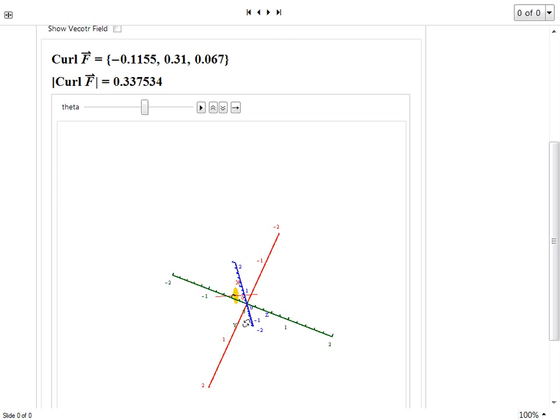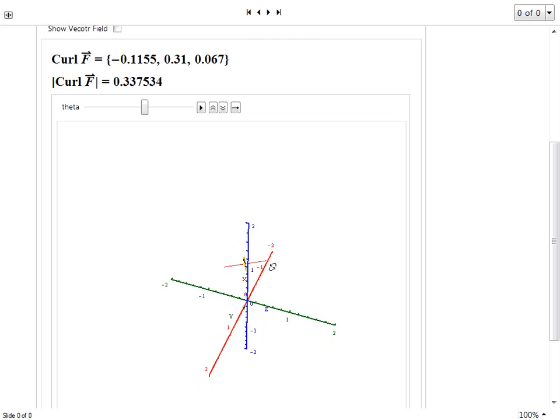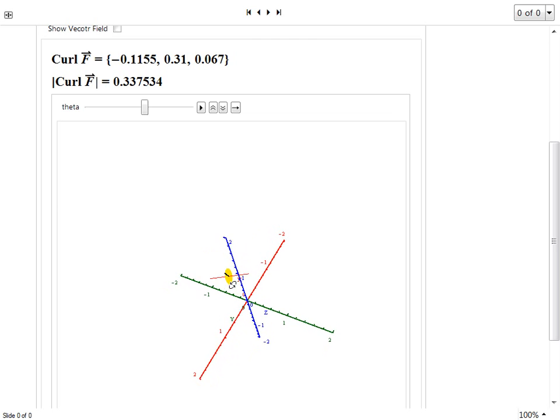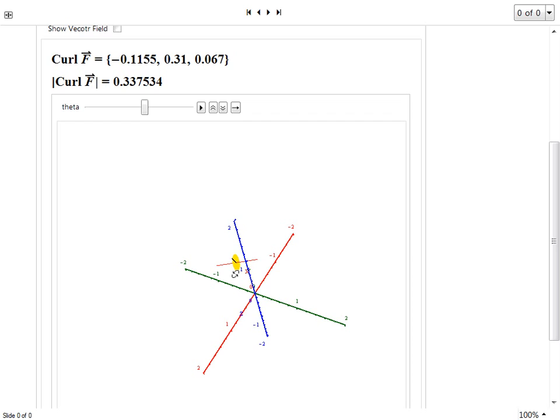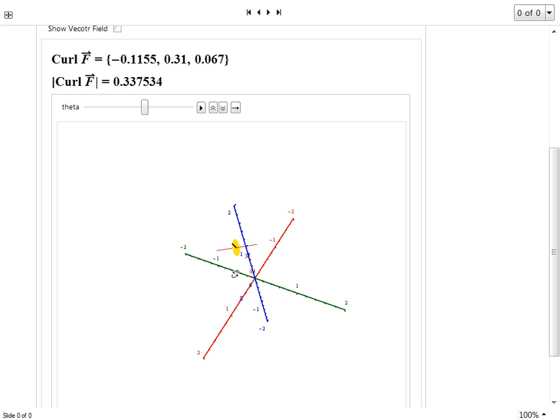By the way, what made this one of the hardest programs for me to write is to try and get it to draw an arbitrary circle that was oriented anywhere in three-dimensional space. That was very difficult.